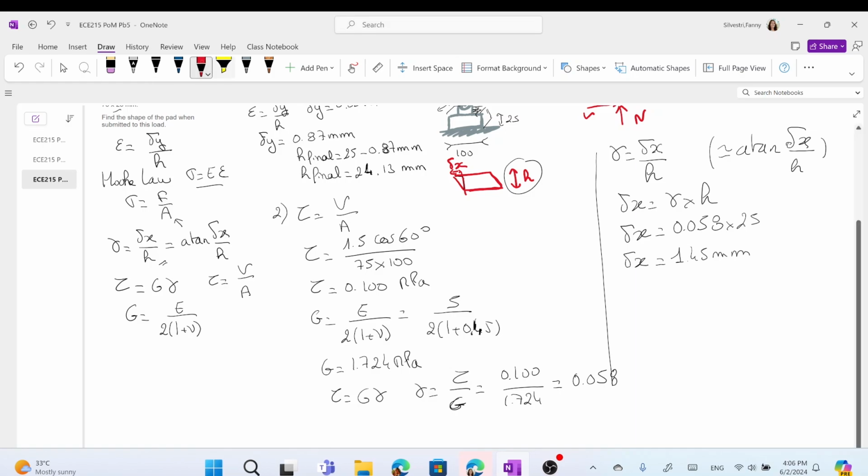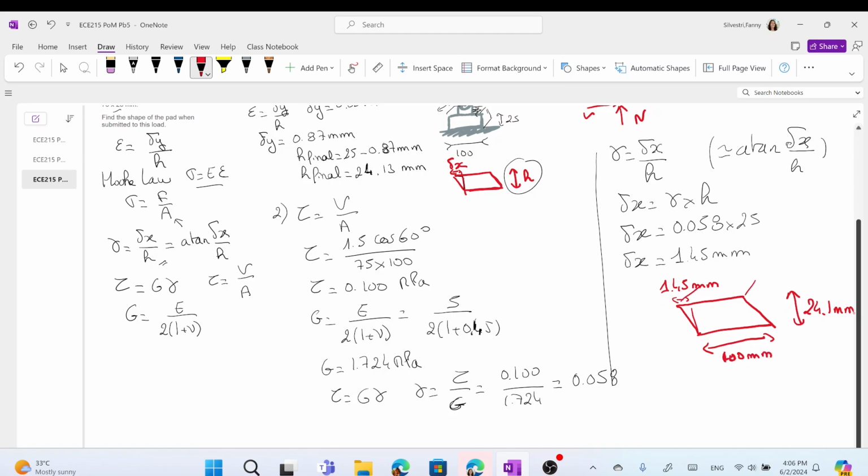So that means that the rubber at the end looks like this. This is exaggerated, it's not that much, but the height at the end is 24.1, and this little distance there is 1.45 millimeter. Remember that this one is 100 millimeter, so it moves about 1.5%.